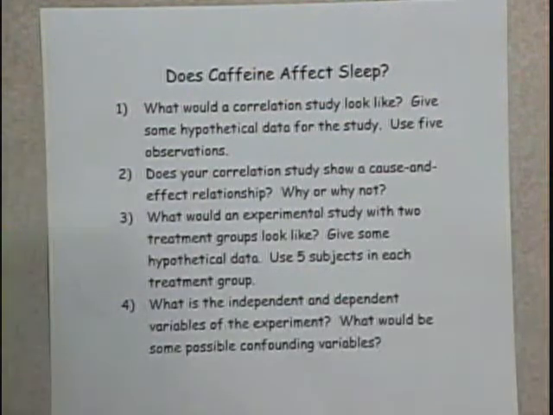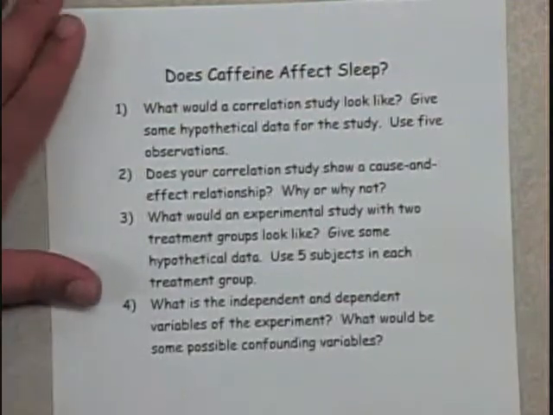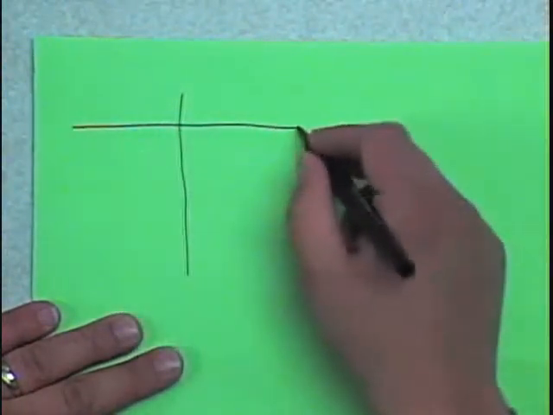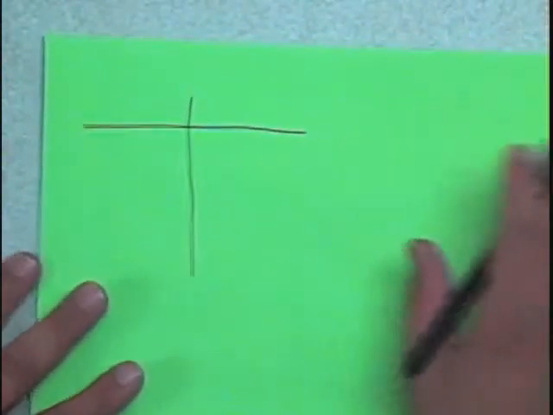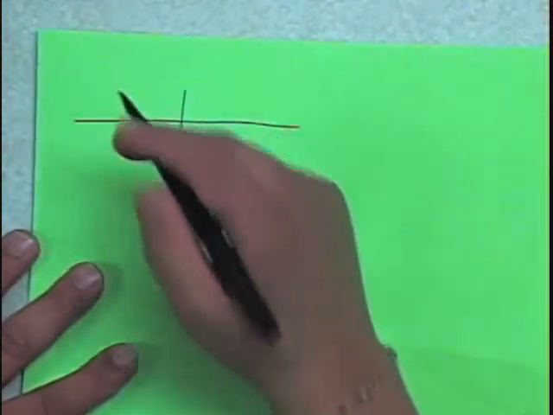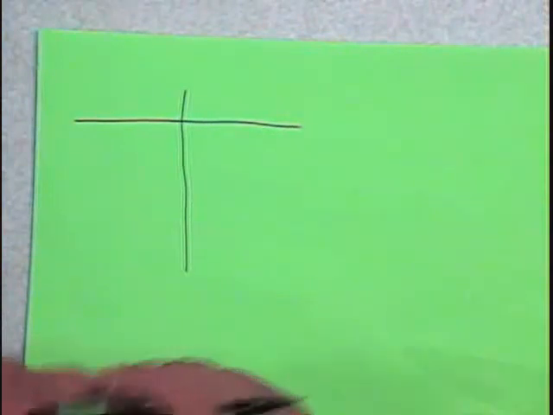So if you wanted to do a study, does caffeine affect the amount of sleep that you get? If you were doing a correlation study here, it would look something like this. You would take a sample of 5 people, and for each person, you would look at 2 variables.